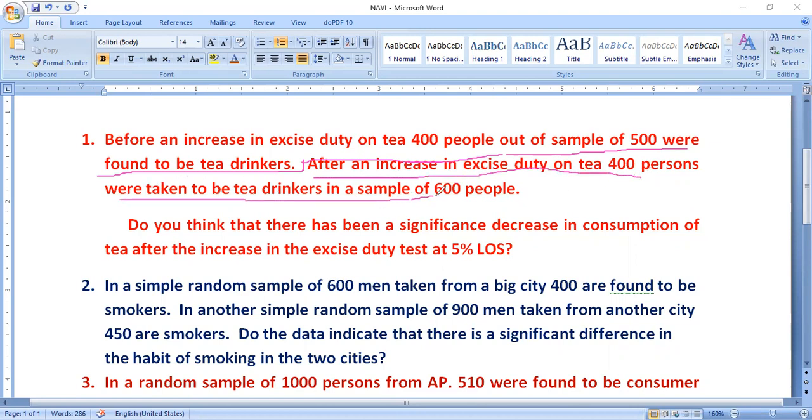So first, based on the given question, we have to check whether the before information is given or not. Yes, it is given. Then the after information is given, yes, it is given. Then we have to check whether the LOS value, the significance information, is given or not. Yes, it is given, 5%. If the 5% significance is not given, then we have to assume that it is 5% only. Sometimes 1% also will be given.